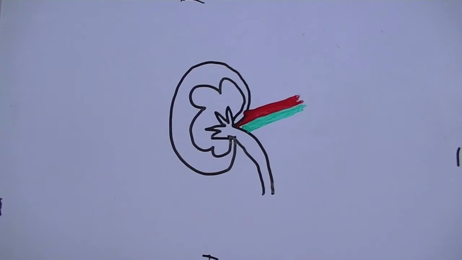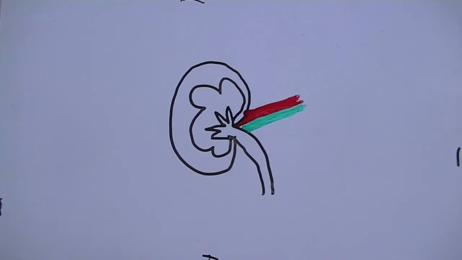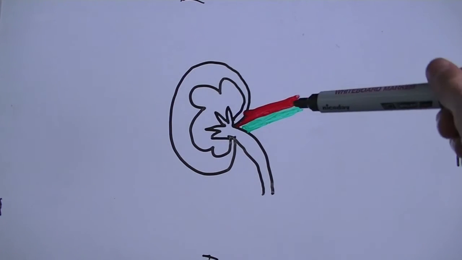So to start with, I've got a diagram here of the kidney, and as you can see we've got a red and a green line. Now the red line represents the oxygenated blood going towards the kidney, or just the blood going towards the kidney, because they're both oxygenated. So this one here is the renal artery, this red one.